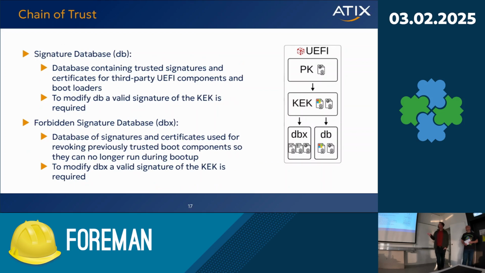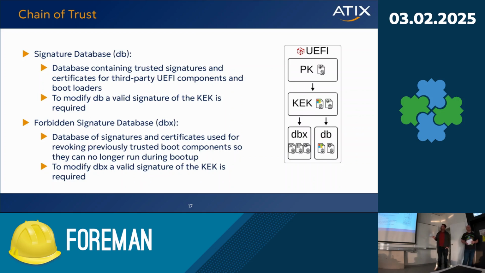And if we go down this list, we have this platform key, key exchange key, and here we have the DB and DBX. So this is basically the signature database, and this database contains certificates of third-party UEFI components and, for example, also bootloaders. Same here, if you want to modify something there, you need a valid signature of the key exchange key.